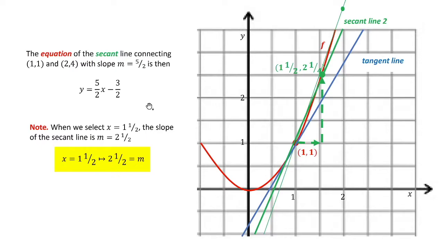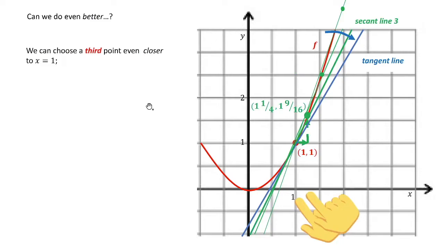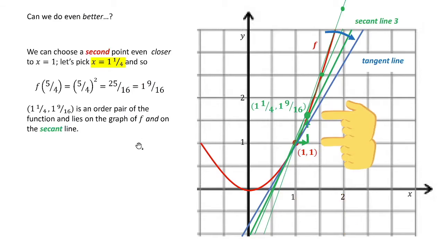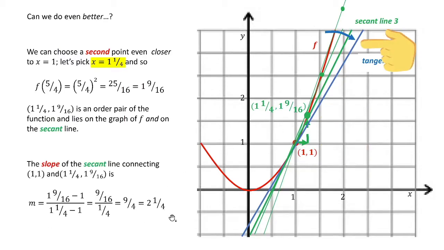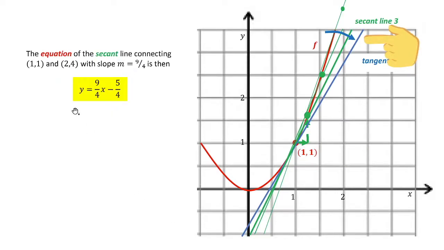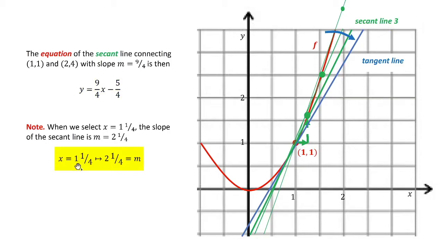And again, you can continue to one-up yourself. Everyone in the meeting's got to throw in their 2 cents at this point. But okay, we get the jokes now, right? So I can go to 1.25. That gives me a y value. That gives me a slope. That gives me my secant line. So again, when I say x is 1.25, a number of things come to mind, 3 that I've just listed.